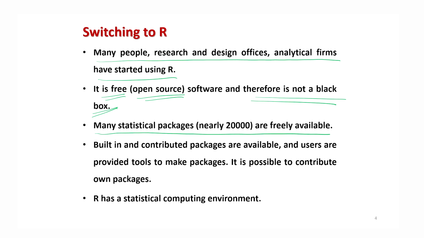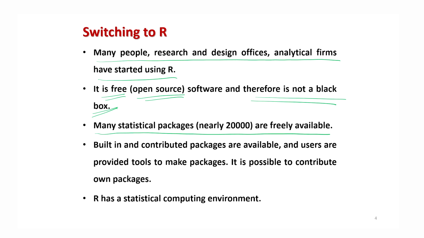Suppose you want to do a time series analysis, then there will be a package. You want to do cluster analysis, there will be another package, etc. Different researchers from all over the world are trying to develop these packages as and when they develop some new tools. And they can upload them on the website of R software, and this is how this number is continuously growing.